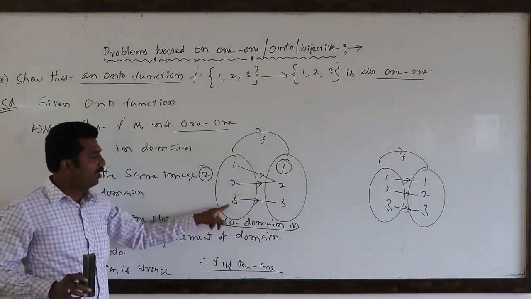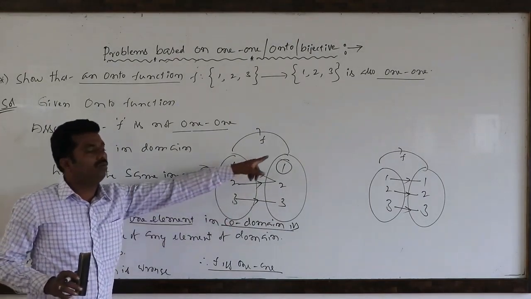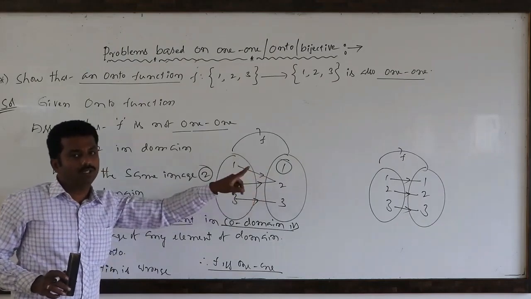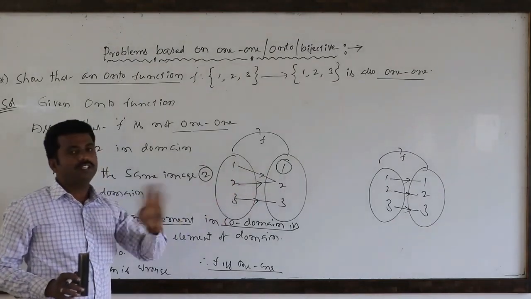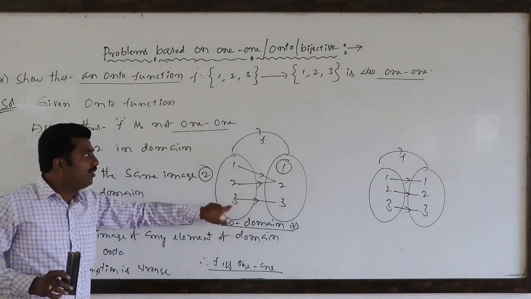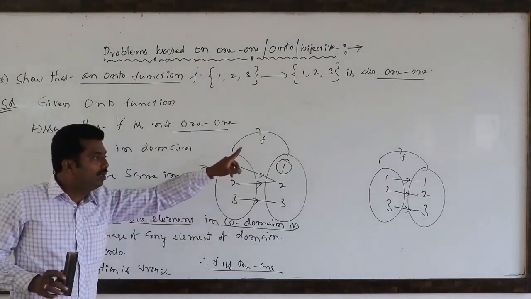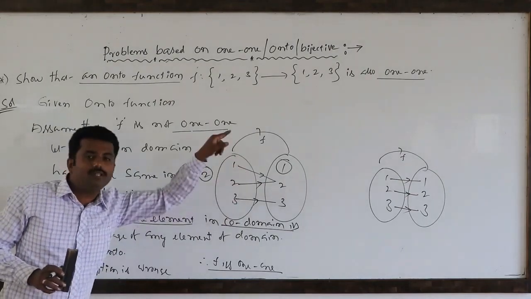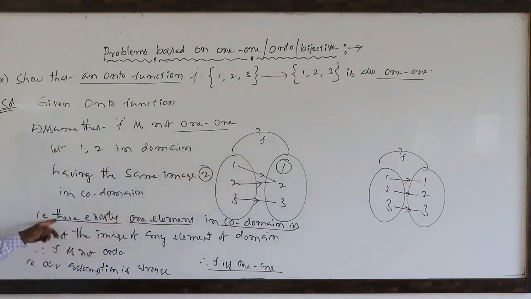This remaining element is related to either one of these 2 elements, not both. If it is related to both, that is not a function itself. So the remaining element in domain is related to only one of the remaining 2 elements in codomain. Suppose 3 related to 1, means 3 is left in codomain.